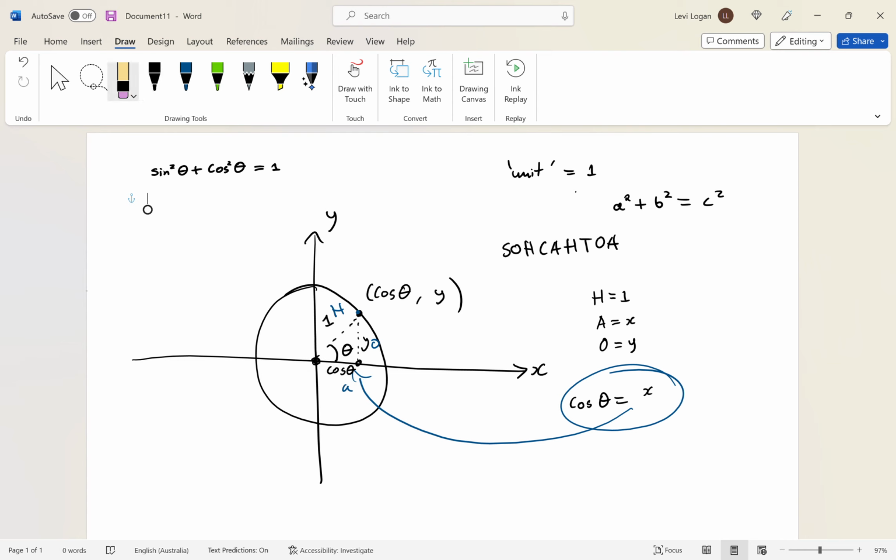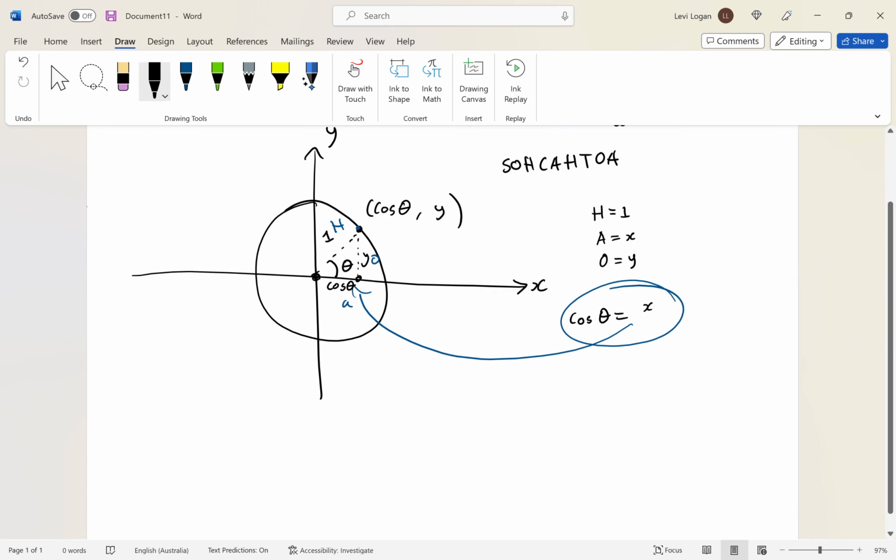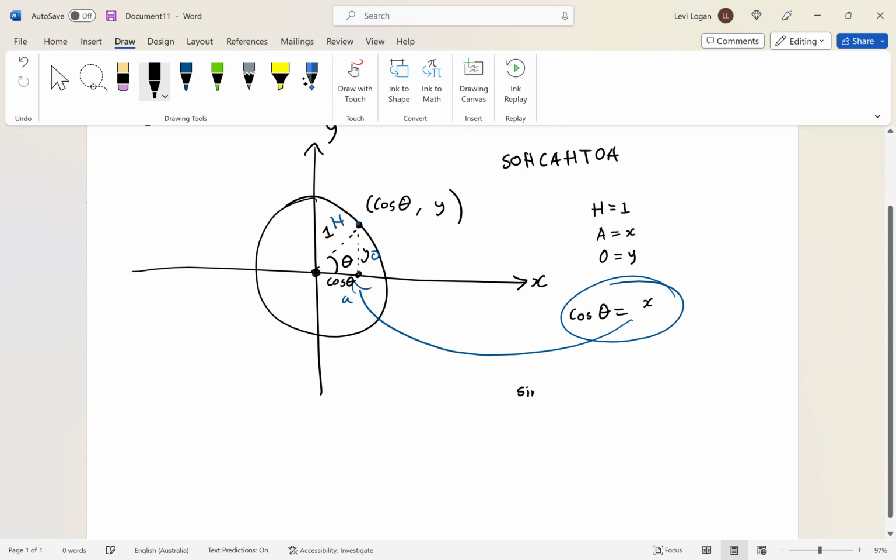Alright, let's find an expression for the opposite. For the opposite, let's take a look at sine. Sine theta is equal to the opposite over the hypotenuse. We know the opposite is y, and we know the hypotenuse is 1. Anything divided by 1 is just itself, so y is equal to sine theta.